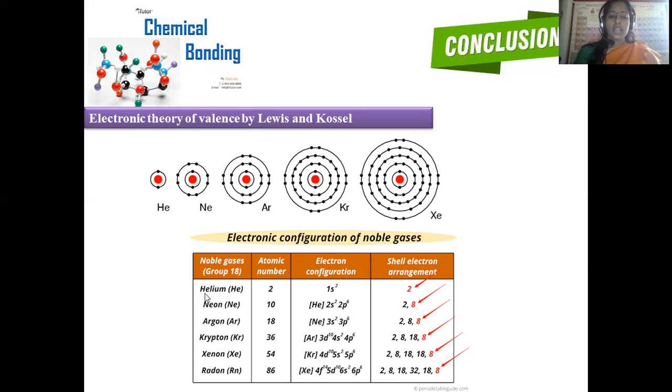That is also given individually. Helium, atomic number 2, has 1s2 and 2 electrons in its valency shell. Neon has 8 electrons, argon also 8, krypton 8, xenon, and eventually radon also have 8 electrons. Hence, you can see all these attain an octet except helium, and their atomic numbers and subsequent electronic configurations are also mentioned here.